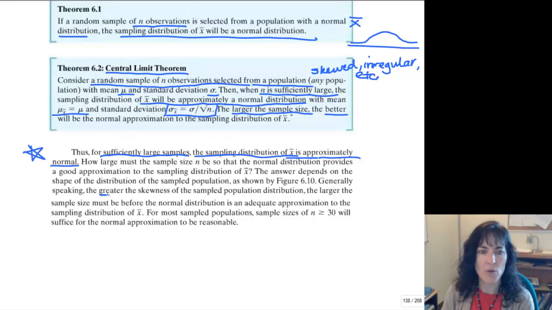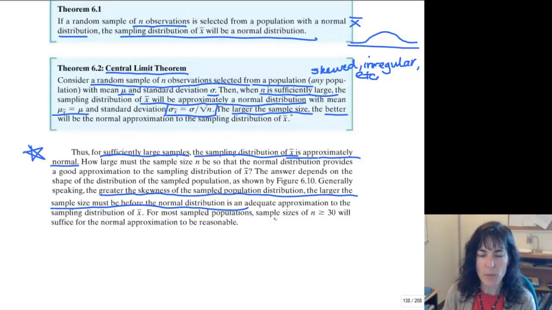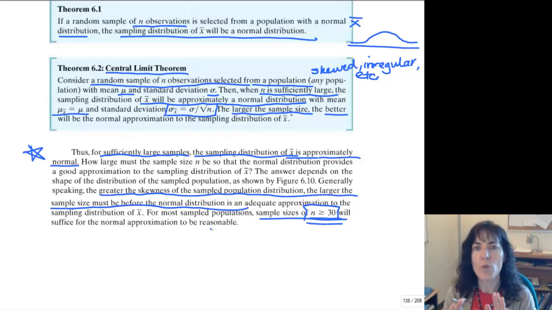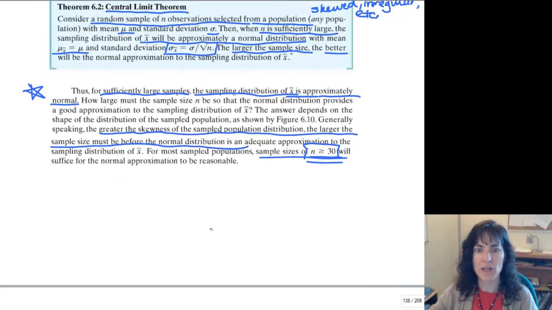Generally speaking, the greater the skewness of the sampled population distribution, the larger the sample size must be before you have a normal distribution. So for most sample populations, sample sizes of n greater than or equal to 30 will suffice. So it's not that big, but you have to have at least 30 in your sample for you to have the assumption of a normal distribution for your X bars.